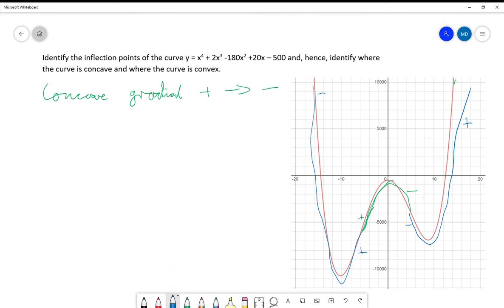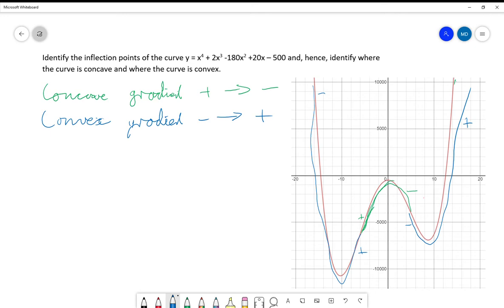On convex, the gradient is going from negative to positive. And on the inflection point, there's no instantaneous change in the gradient there. The gradient is instantaneously stable, as it were.